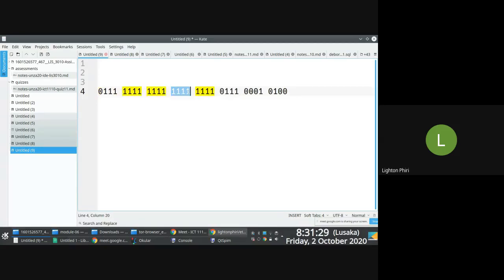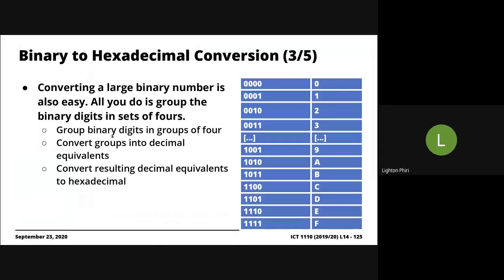This is one of the simplest heuristics for conversion between number systems. First, group your binary digits into groups of 4, nibbles. Then convert the groups into decimal equivalents, and then convert the decimal equivalents to hexadecimal.